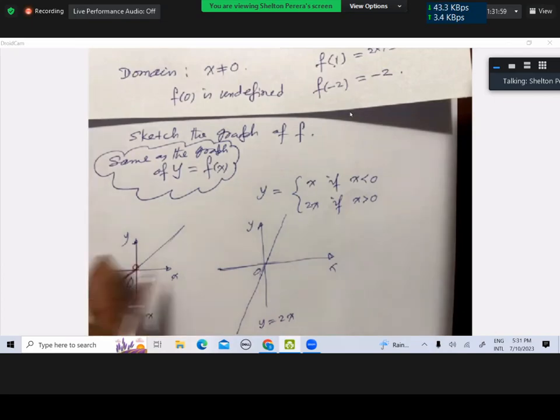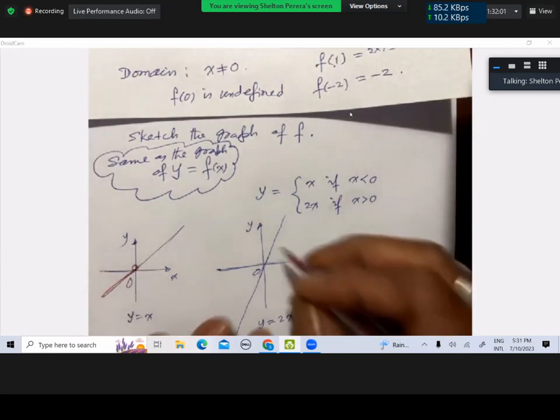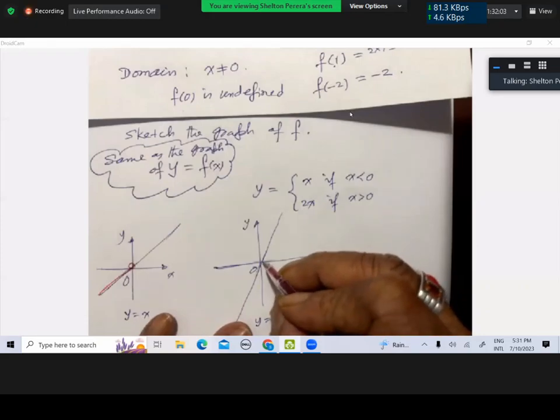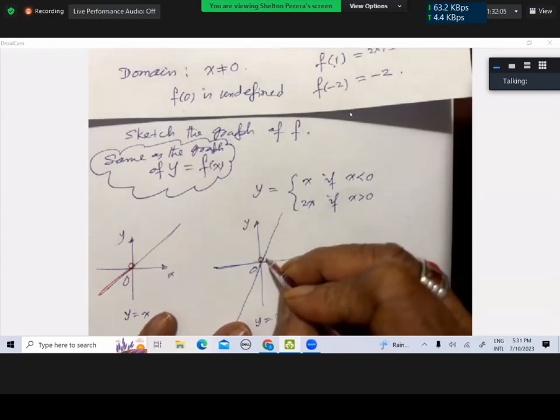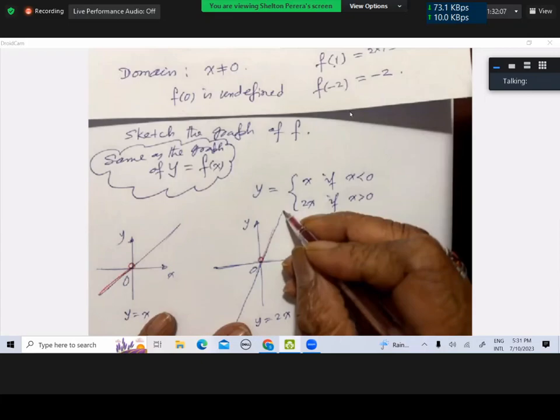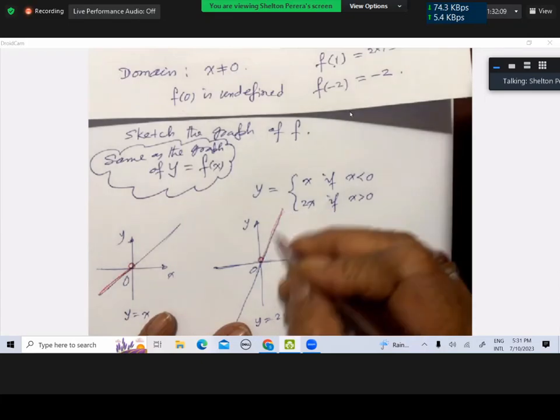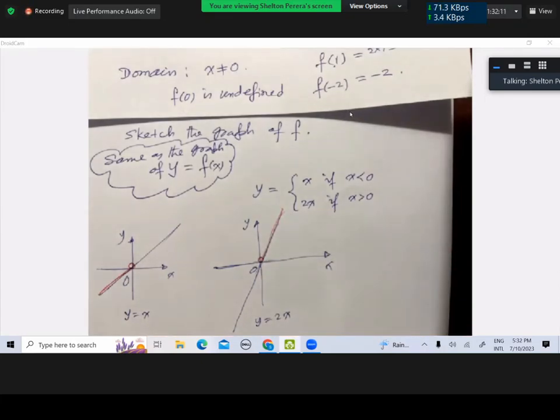For x negative, y equals x. That is this part of the graph. For x positive, 2x. That is that.